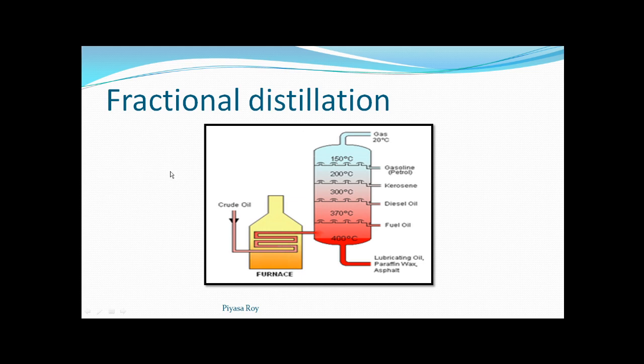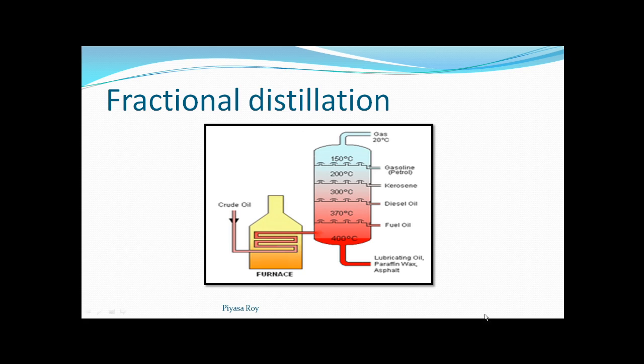So when we heat the mixture, at first alcohol will vaporize and it will condense. We can use the condenser to condense the alcohol, and water will remain in the container only because it has not reached its boiling point then.